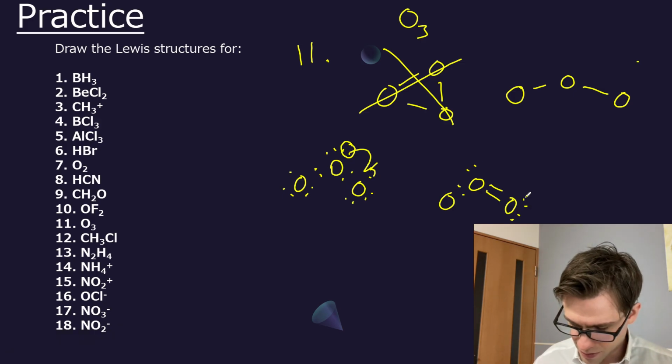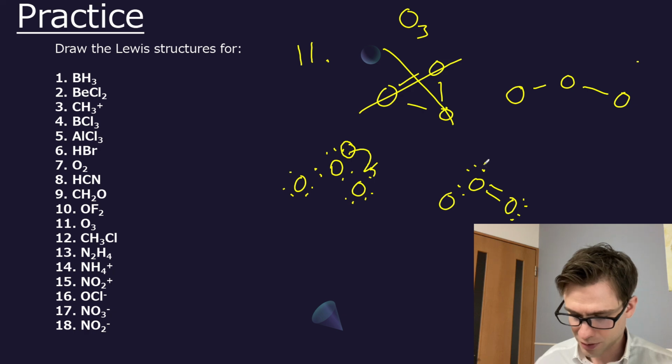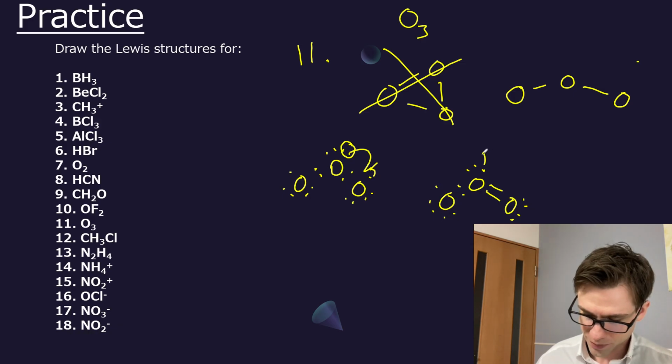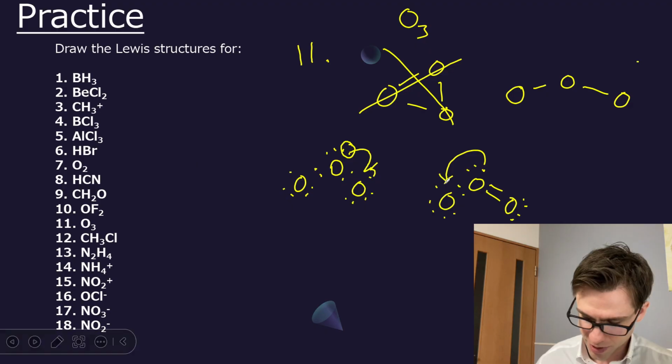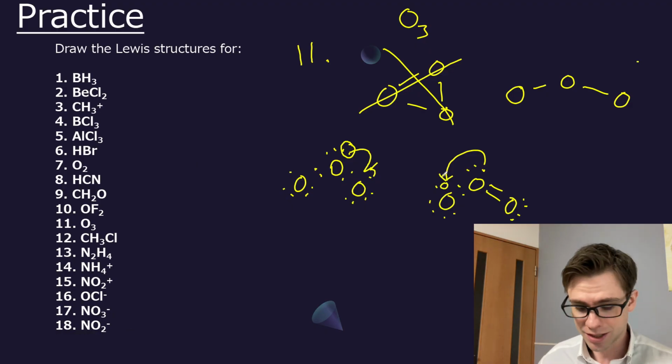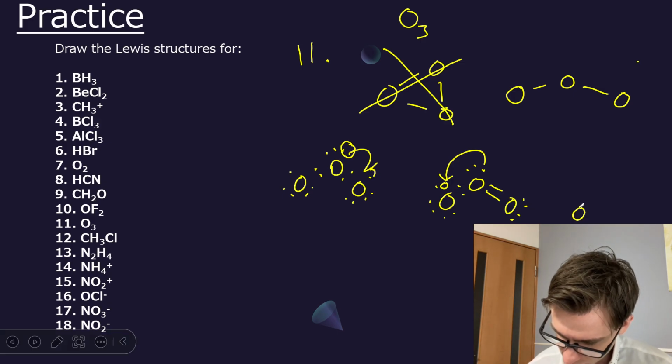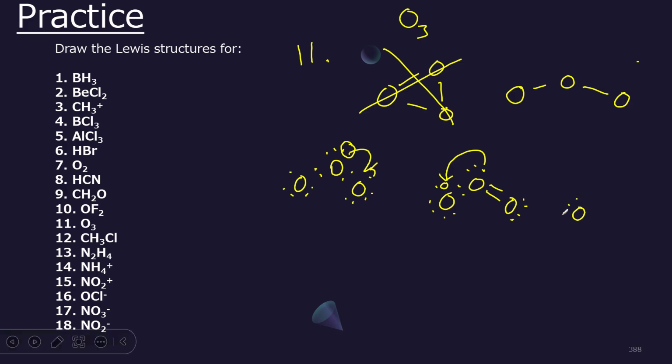And then there's another electron here that I didn't use from that lone pair. This one, I'm just going to give to the left oxygen, and just fill this empty space. And I'm going to not share it, I'm going to give it. Full transfer of that electron. So that's going to end up giving this oxygen a negative charge. It is not sharing.